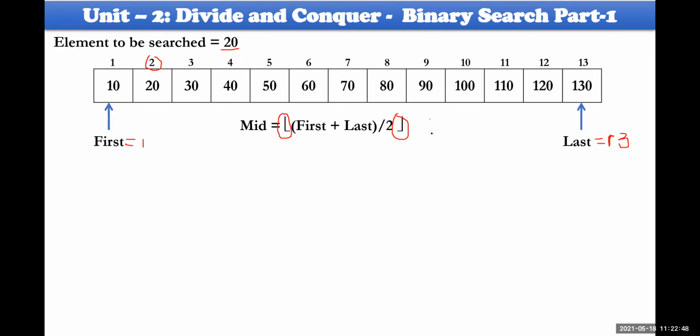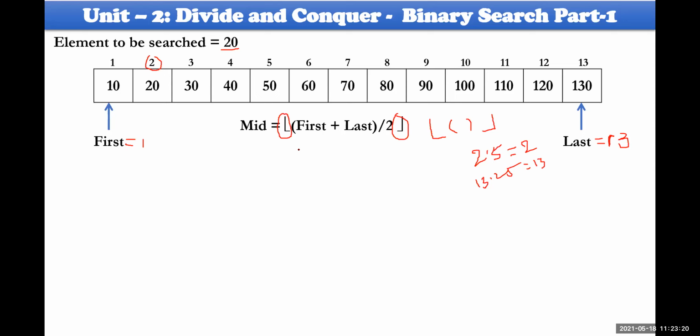Within these two brackets, if you write any expression, that expression will be taken as floor. For example, the floor value for 2.5 will be 2, and the floor value for 13.25 will be 13. Floor always gives you the integer, the greatest integer not exceeding the expression. That is called the floor value.